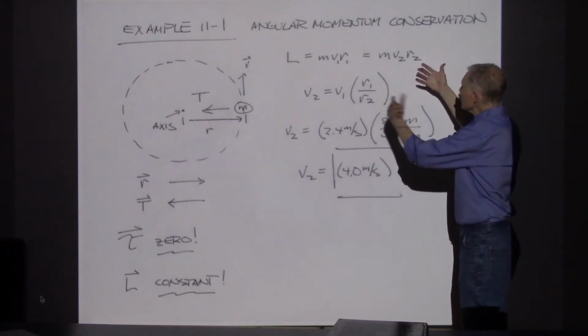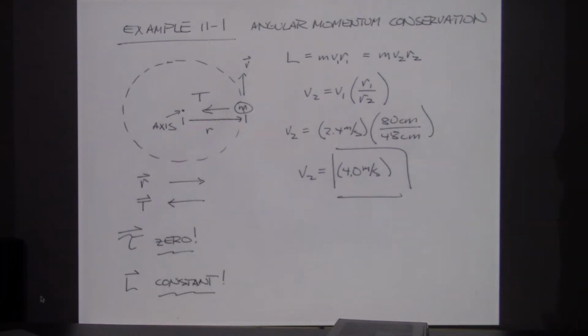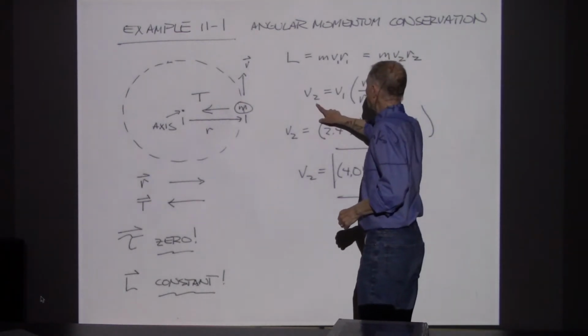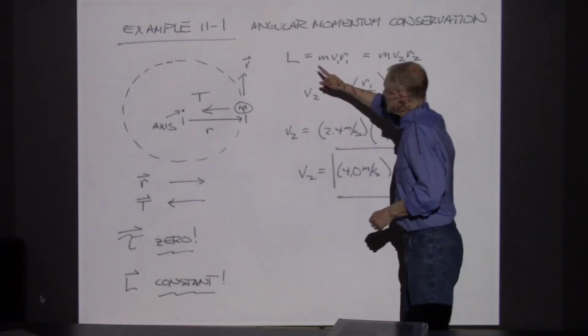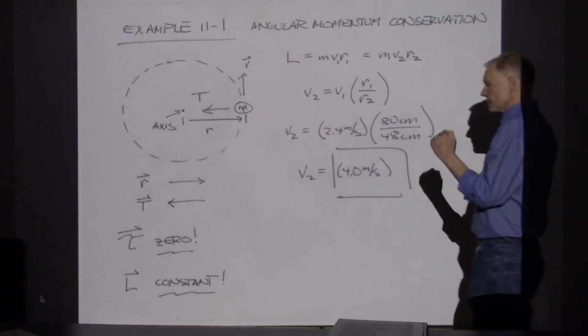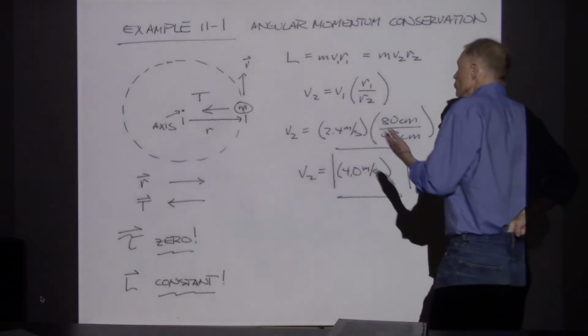I can set the before and after angular momentum equal, and then solve for how fast this thing will be spinning. Since angular momentum is given by mvr, and since angular momentum in this example is conserved and constant, when r becomes smaller, v is going to be higher. So when we shorten that distance r, v is going to go up.